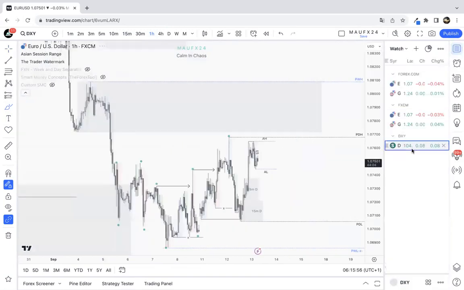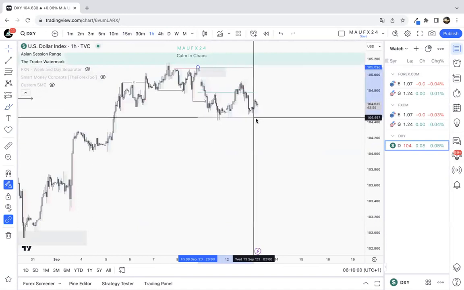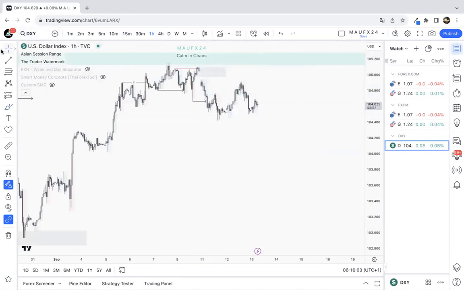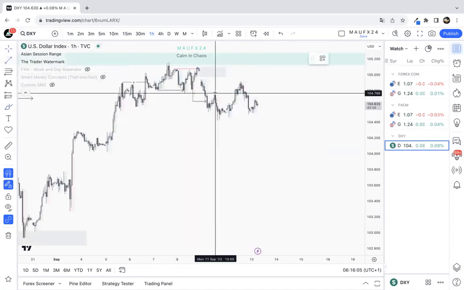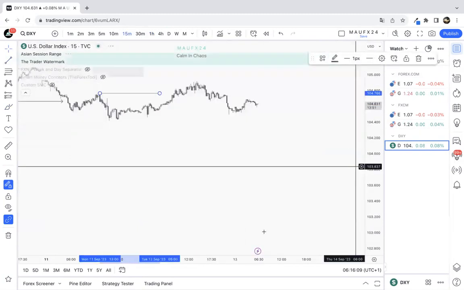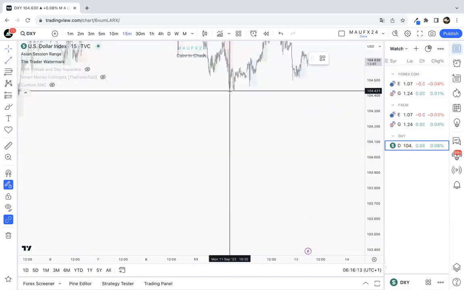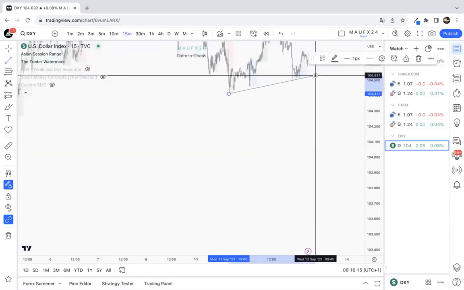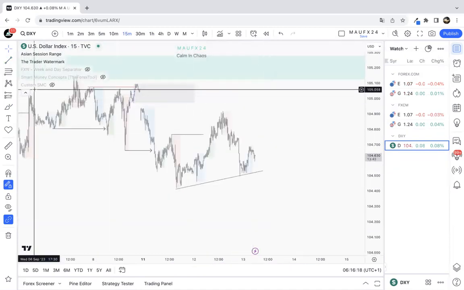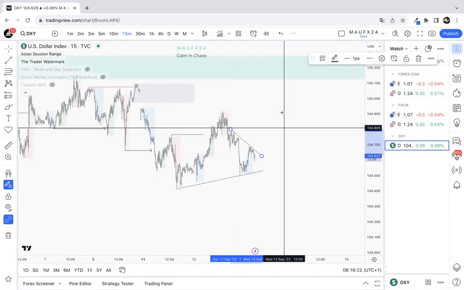Now, what does the XY look like? That's looking clean, if you ask me. Internal range liquidity taken, then the 50-minute, building up liquidity here to the downside, and building up some liquidity here.